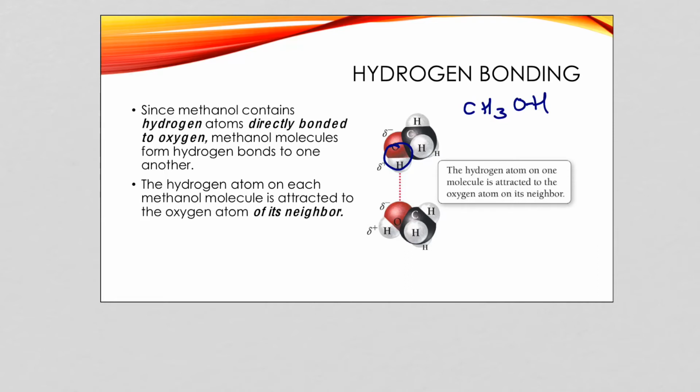The negative end of the dipole of one methanol molecule is interacting with the positive end of the dipole of another methanol molecule. And so we get this interaction that is just like a dipole-dipole, but just stronger. So these kinds of interactions get the special name of hydrogen bond.